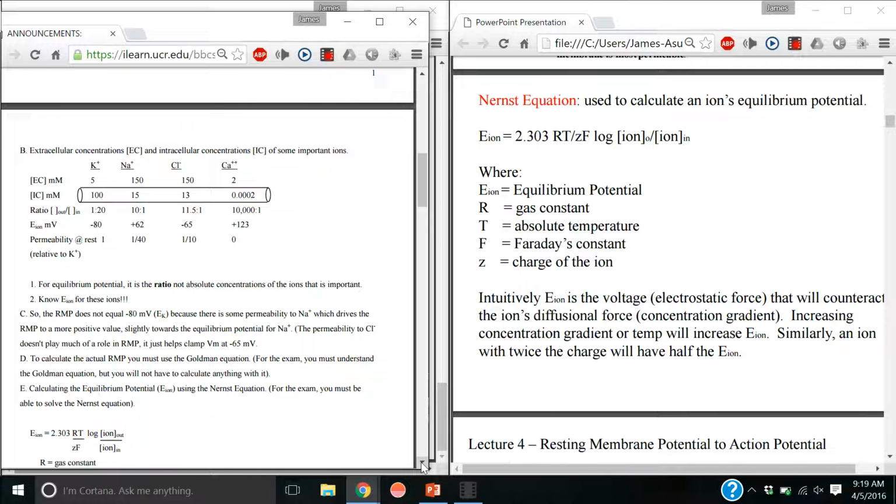The extracellular concentration of this ion is 10,000 millimoles, while the intracellular concentration is extremely low, 2 millimoles. That means the ratio of this ion, extracellular to intracellular, is higher than any of the others, 10,000 to 1. The equilibrium potential for this ion is positive 123 millivolts. Permeability at rest is essentially zero.